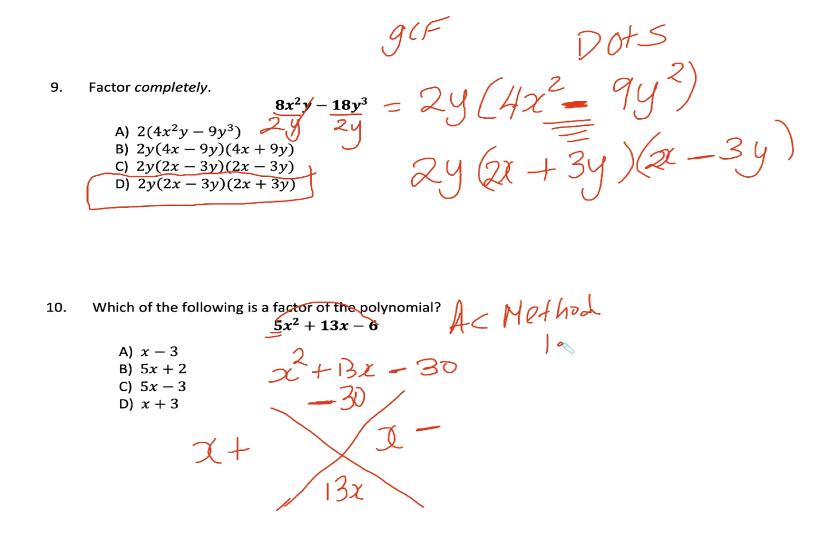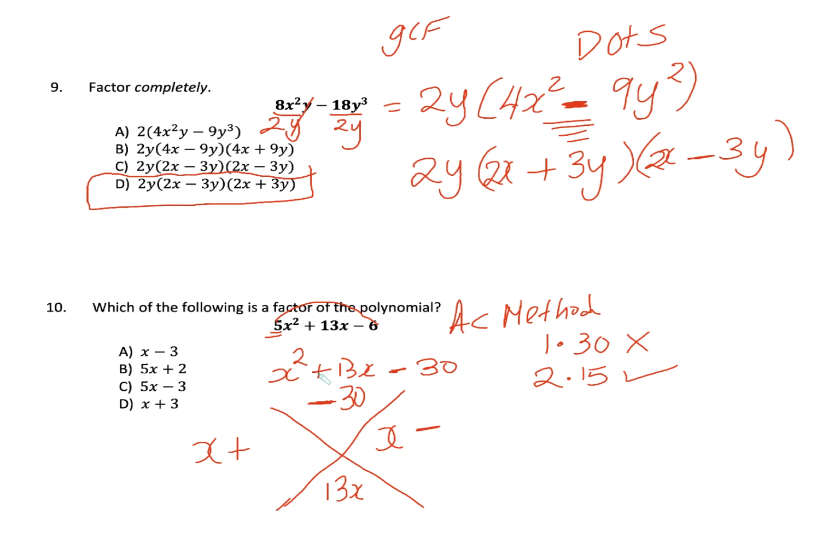So 1 times 30, because I see students in the test guessing, and they're always missing a factor. So I always start with 1. So 1 times 30 is 30, but if I subtract them, I get 29. So no bueno. Okay, 2 times 15 would give me 30, and when I subtract them, I get 13. Yes, so 2 and 15 are my factors.